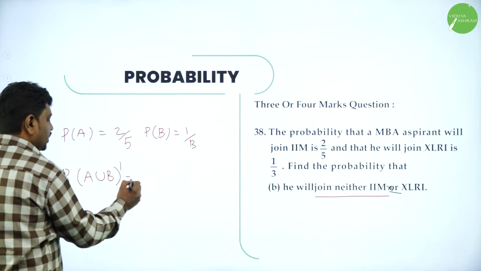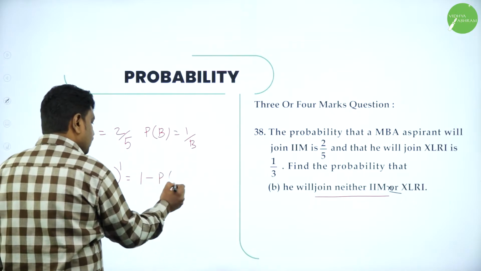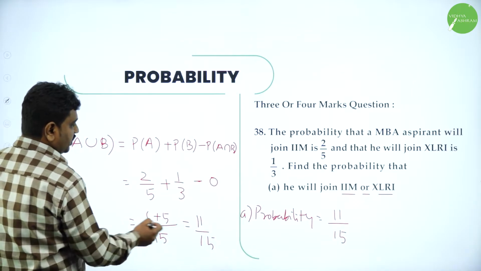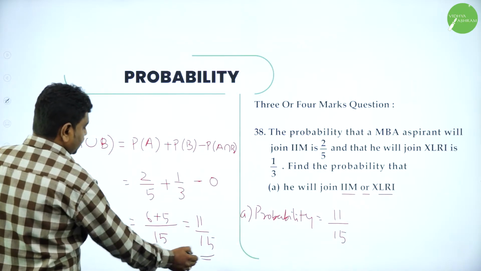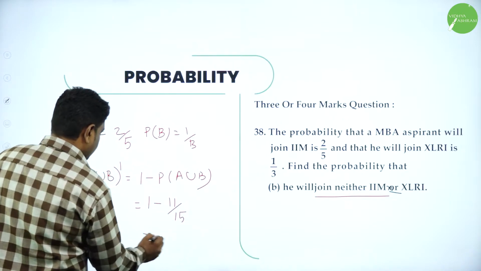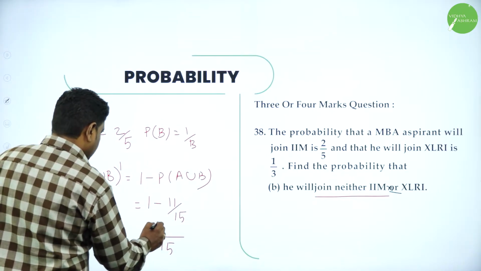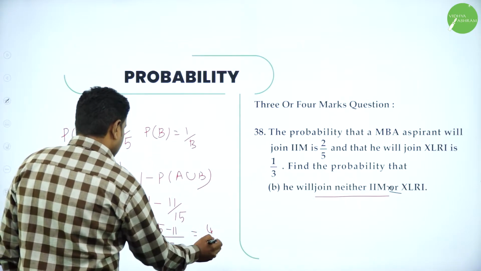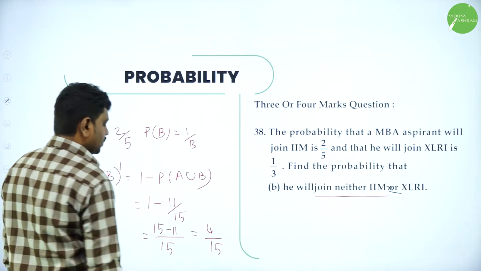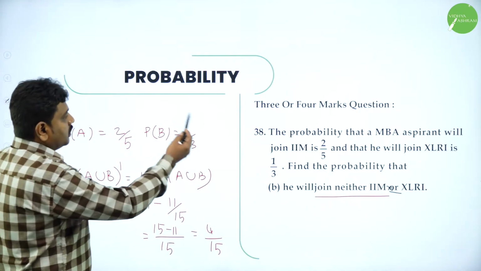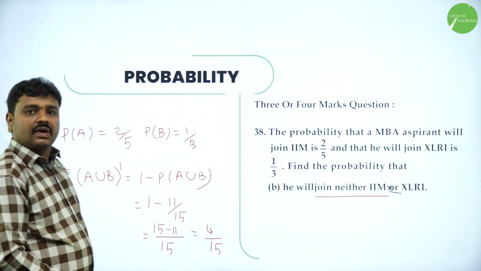P of A union B whole dash is 1 minus P of A union B. And P of A union B in the last case we got, 11 by 15. So 1 minus 11 by 15. If you take LCM, it is 15. 15 minus 11 gives you 4 by 15. The probability that he will join neither IIM nor XLRI is 4 by 15.